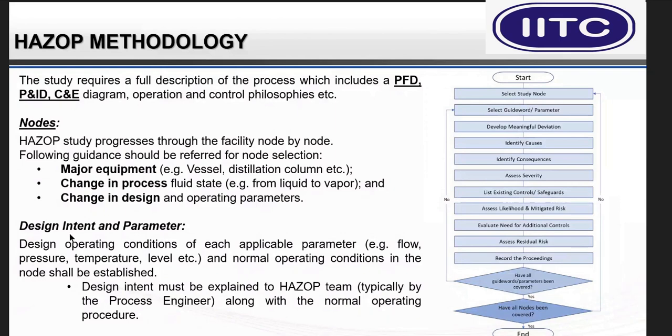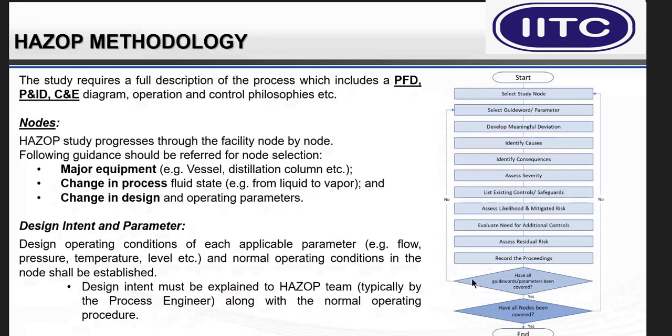And we must know the design intent and parameters of the particular process to see the deviations above the operating pressure or above the design pressure. We will follow the flow chart here. We will go through this a number of times during our HAZOP, so no need to repeat here.